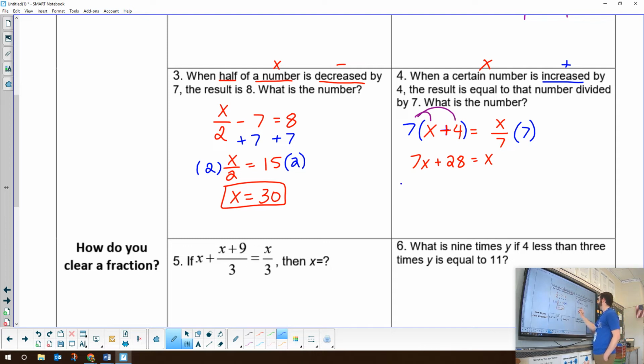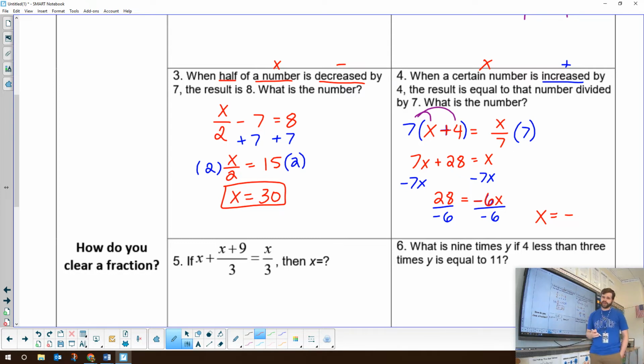Now I can get my x's together. Minus 7x to both sides, we're going to end up with negative 6x equals 28. Then I'll divide both sides by negative 6. And we're going to end up with this weird answer of x equals 28 divided by negative 6. Well, a positive divided by a negative, I know it's going to be negative.